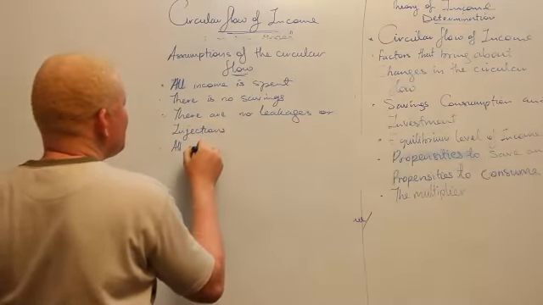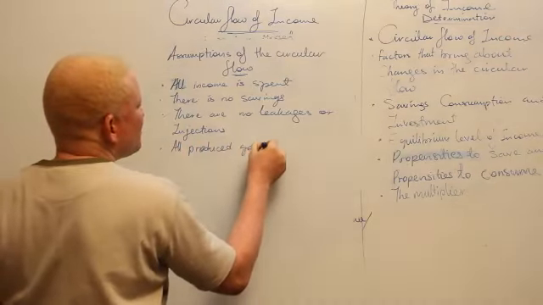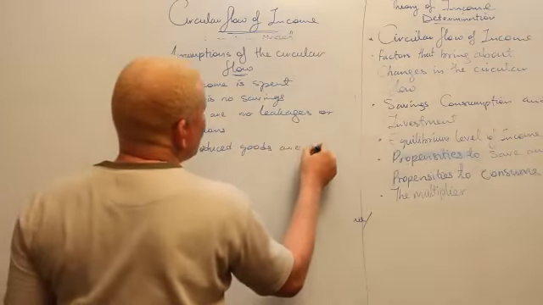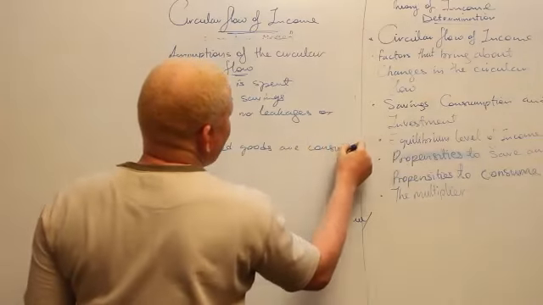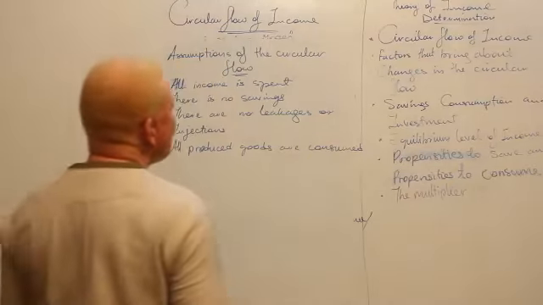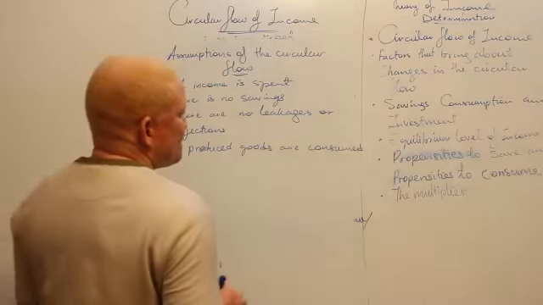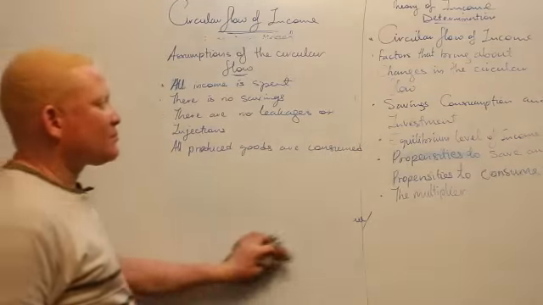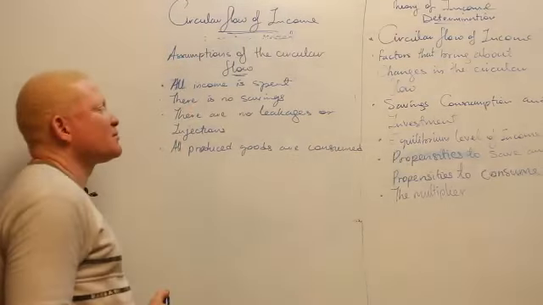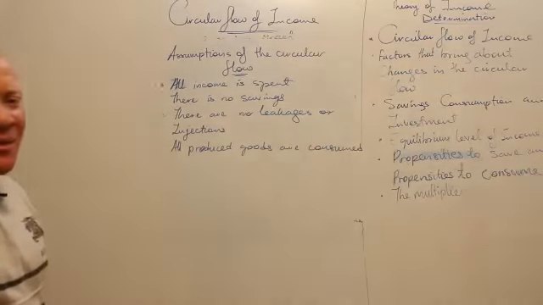All produced goods are consumed. Now, these are the basic assumptions of the circular flow of income.